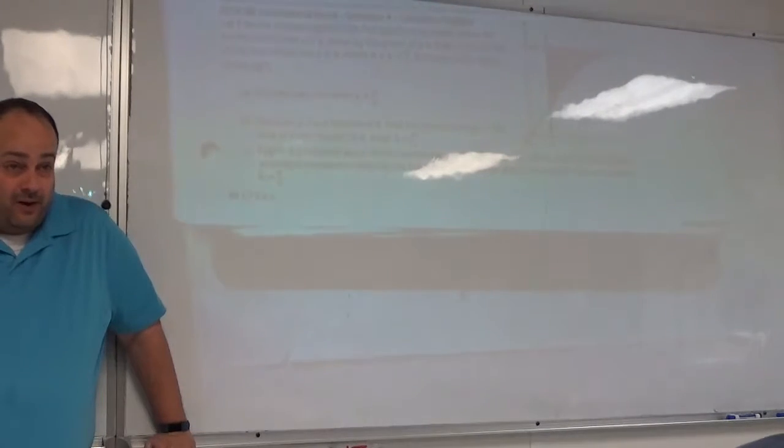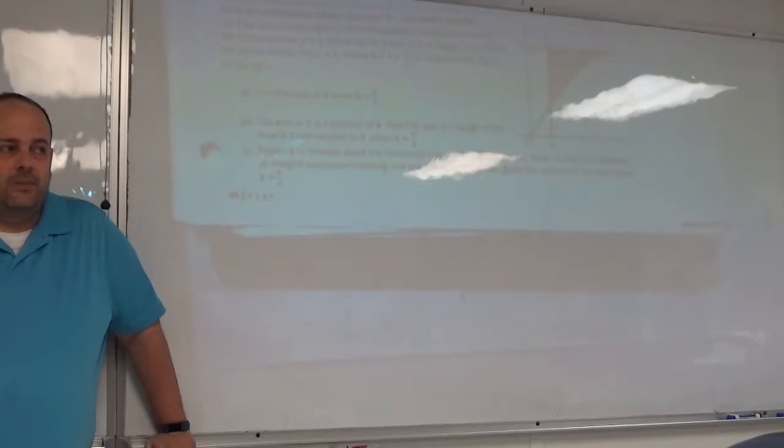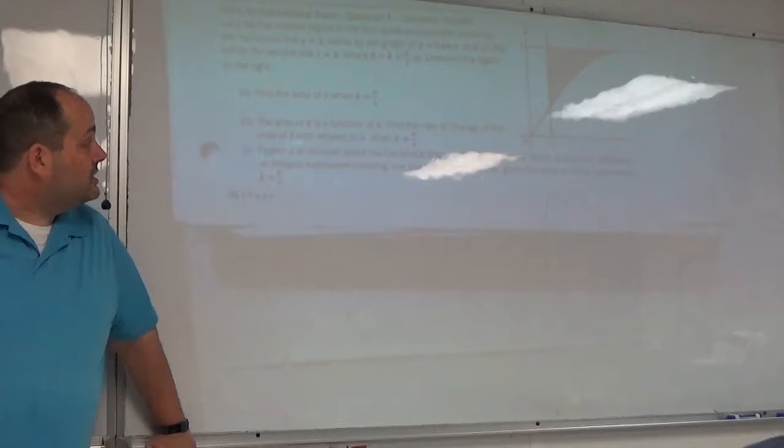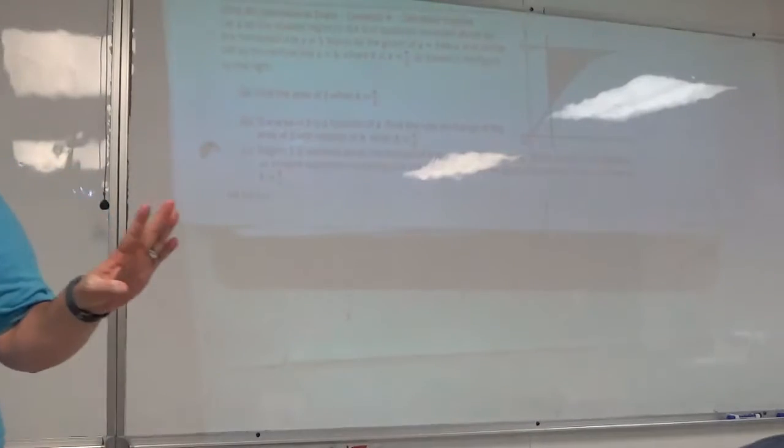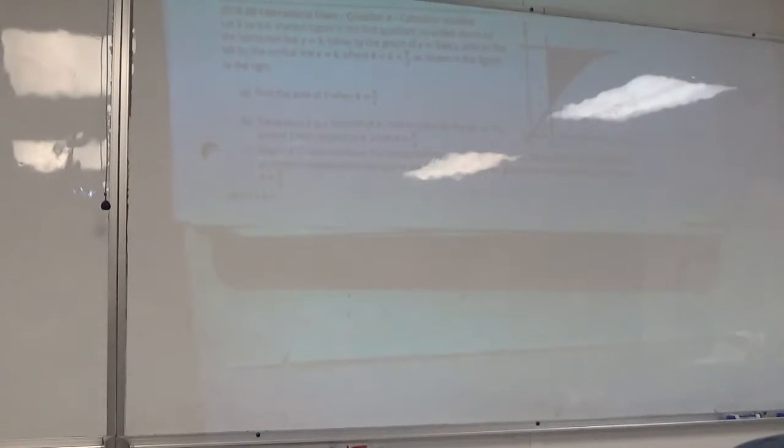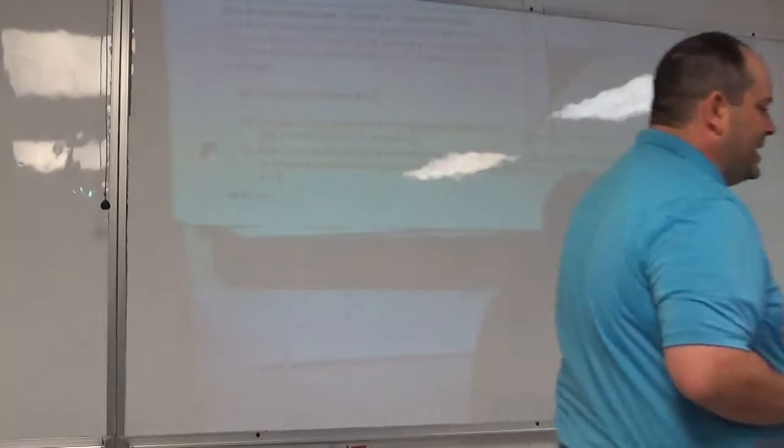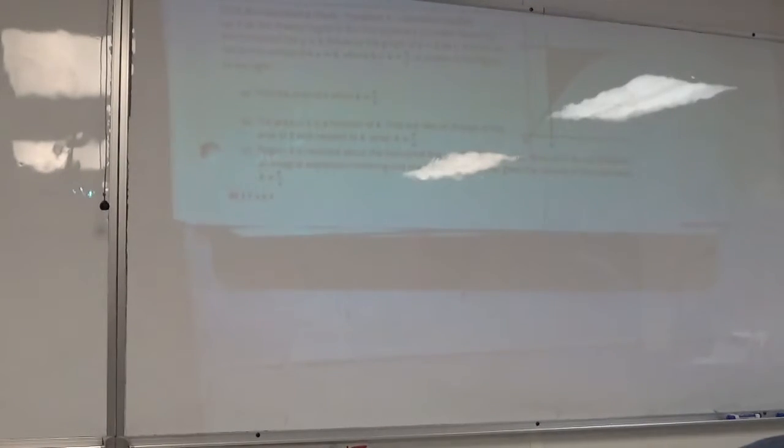I want to see what you can do with this one, with whatever partner you're working with. The question is calculator inactive, so don't touch the calculator. You've got 5 minutes. Go as far as you can. If you have questions, check with your partner. Do all the work on a separate sheet of paper, please.